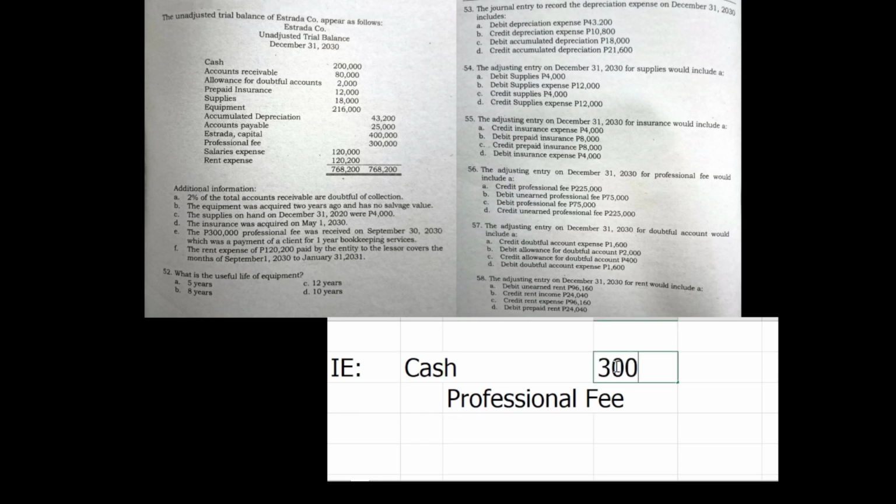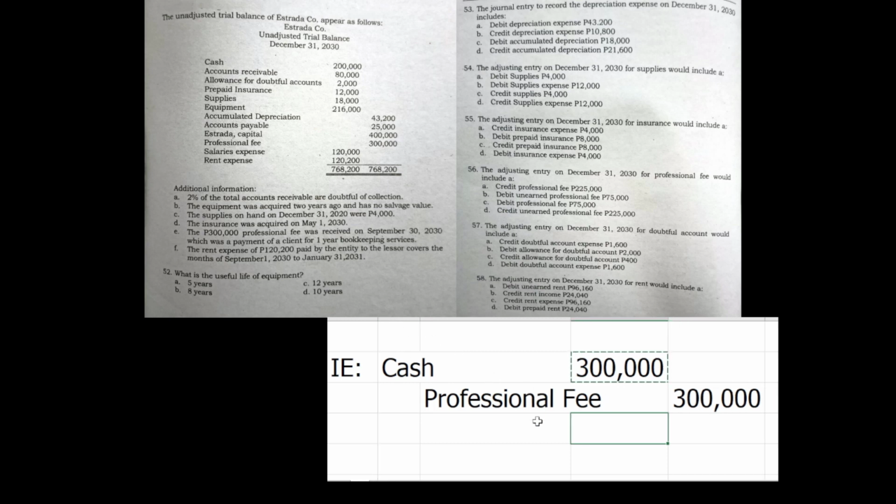So, 300,000 and then credit tayo ng 300,000. Ganito yung naging entry eh. Okay, so move muna natin. Okay. Yan. So, yan yung naging entry natin.